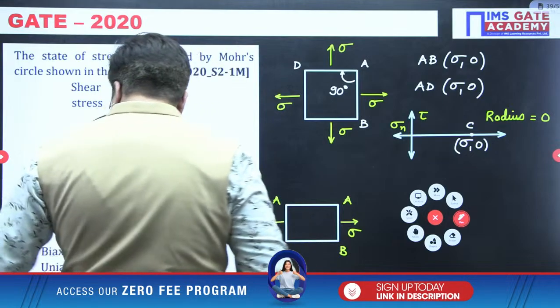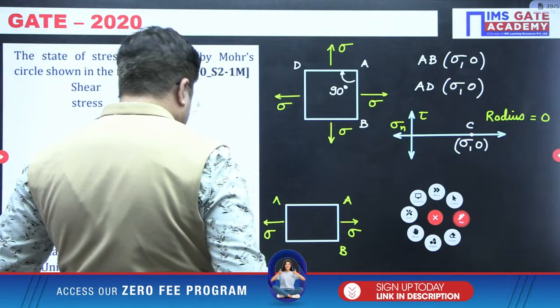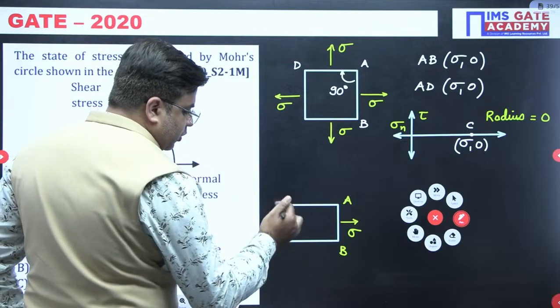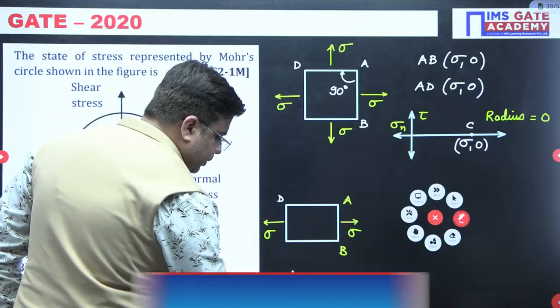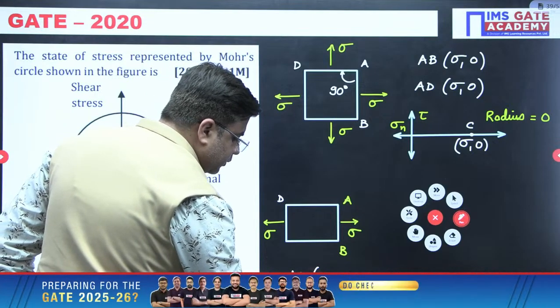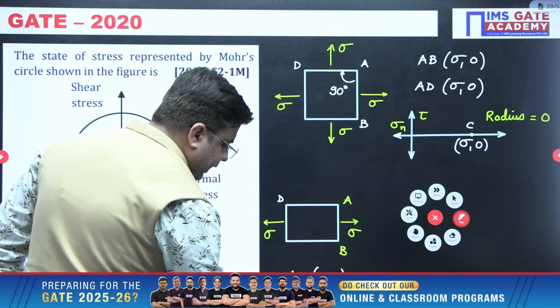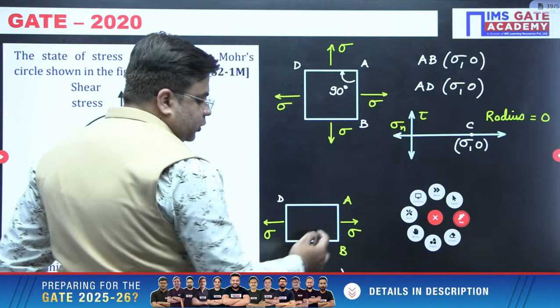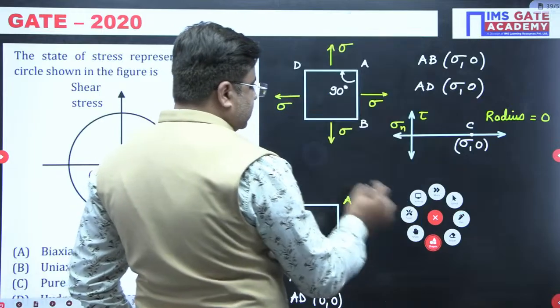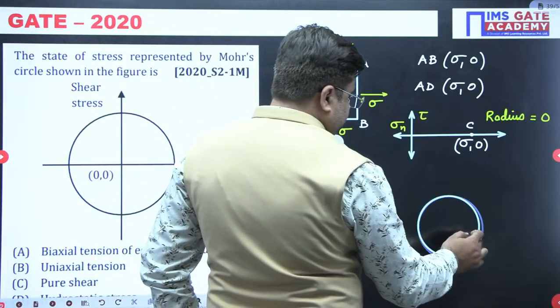Can you tell me what are the coordinates for plane AB? So for plane AB, the coordinates will be sigma comma 0. And for plane AD, you can see no stress, so coordinates will be 0 comma 0. So for this state of stress, the Mohr circle will be like this.